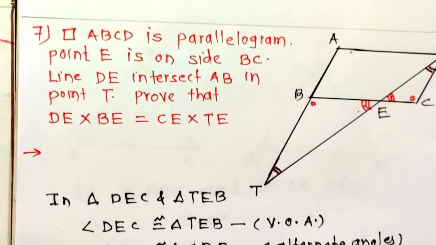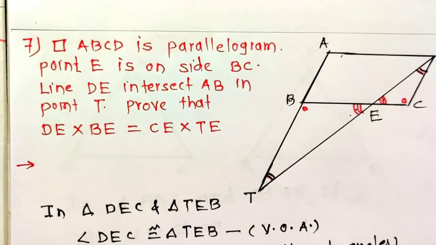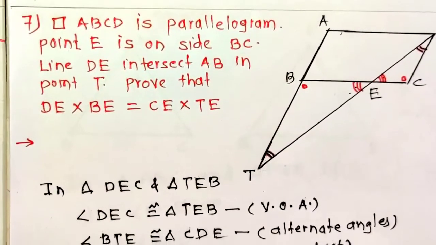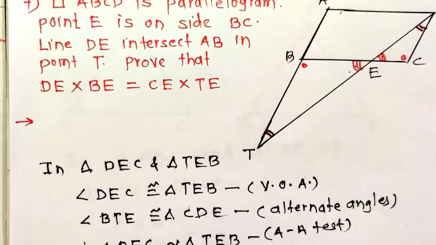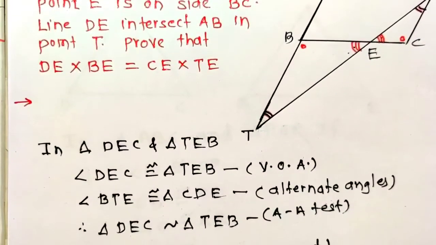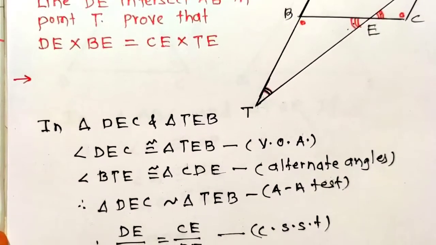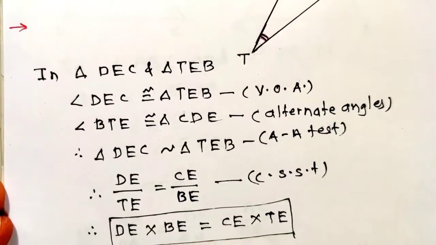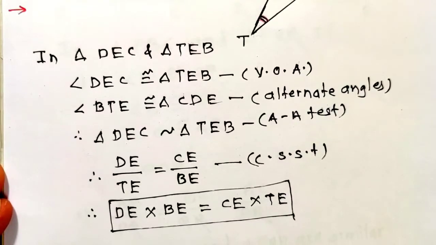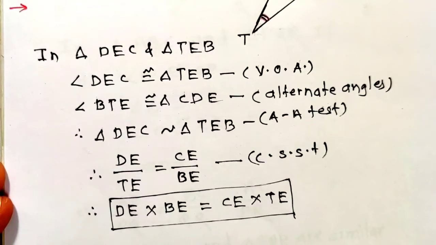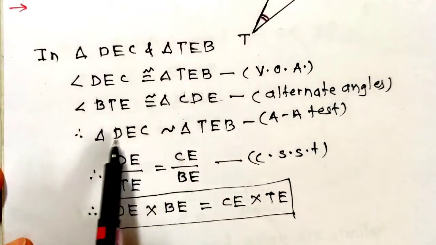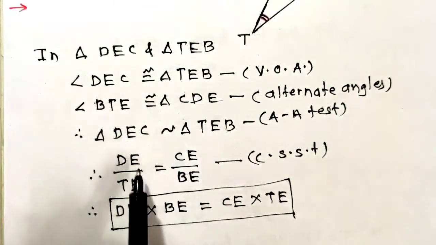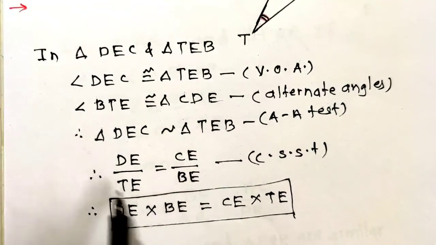So let us observe that sum again. I am slowly moving the screen. So in this way, these two triangles are similar by AA test. Therefore, their corresponding sides are in proportion. And last step, by cross multiplication. So here, this seventh sum is completed.